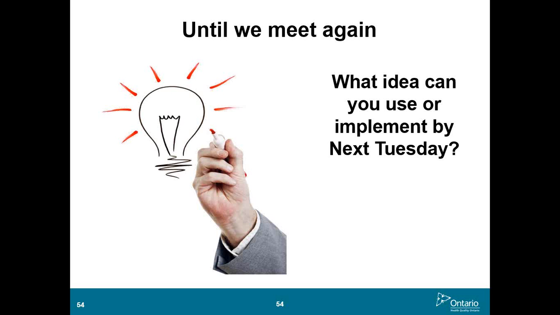So I bound 2 LHINs, and I deal with 2 community care access centers all the time. We've had a lot of good discussion, and that's why we've done a lot of this work around trying to ensure that we're using the same templates as Toronto Central, because we know that our patients are going to show up elsewhere. And it's important that people are familiar with the tools that we've all agreed to use.